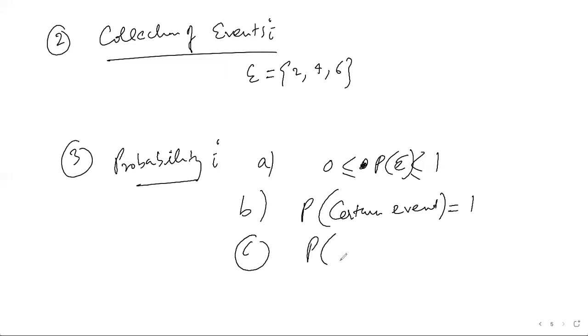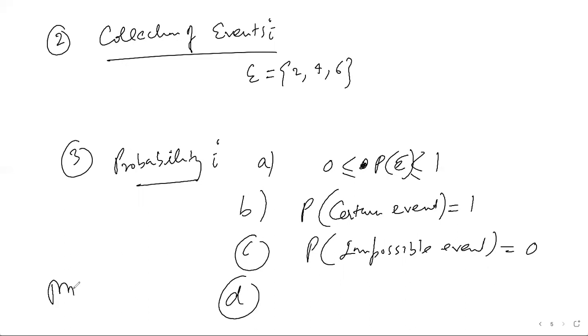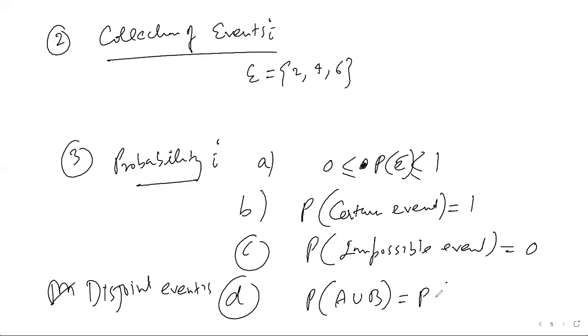For an impossible event, the probability will be 0. And for two disjoint, or mutually exclusive, events, the probability of either event occurring will be the sum of the individual ones, right? So these are the few rules that we are going to follow for probability.